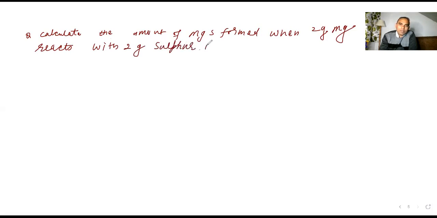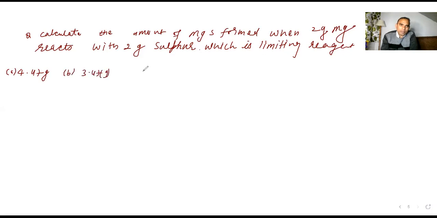Which is the limiting reagent? They are asking for the limiting reagent also. Option A is 4.47 gram, B is 3.47 gram, C is 5.47 gram, and D is 6.47 gram.